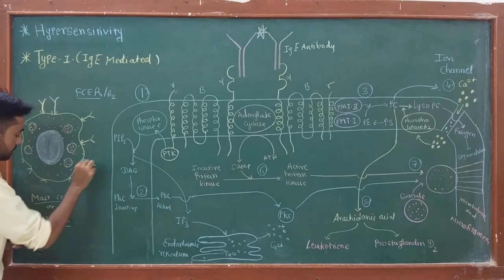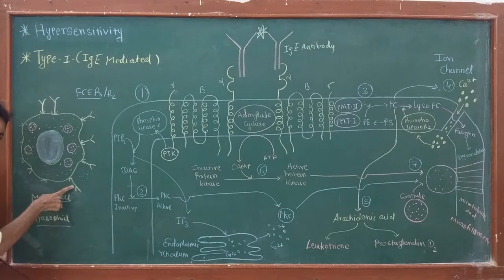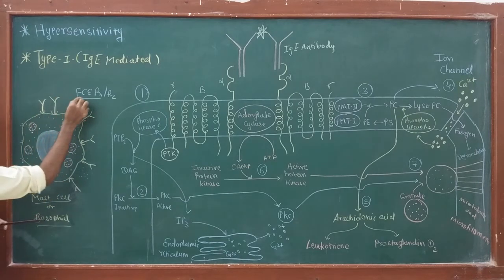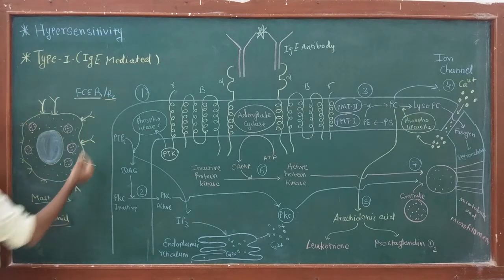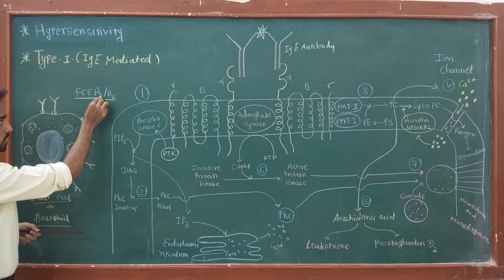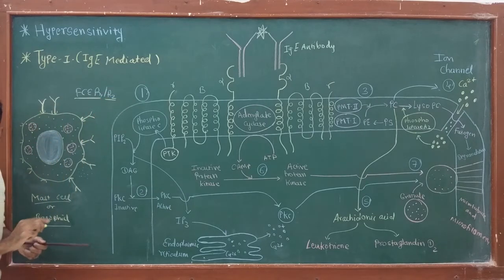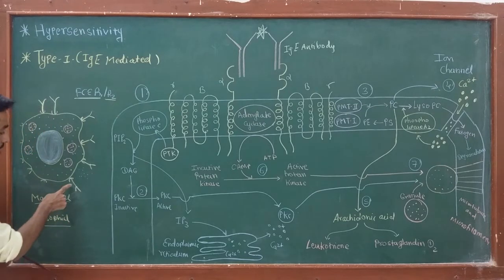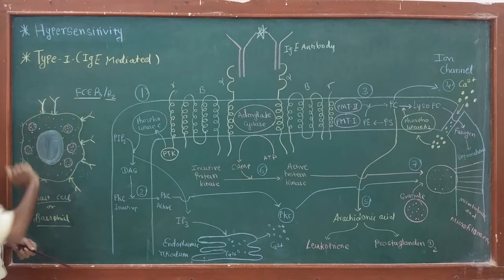Suppose this is the IgE antibody, and the antibody gets attached on the mast cell or blood basophil cell with the help of these receptors. The receptors present on the mast cell are called Fc epsilon receptors. There are two types of receptors generally present on this cell, Fc epsilon R1 and R2, out of which the R1 receptor has 1000 times more affinity for IgE antibody than the R2 receptor.